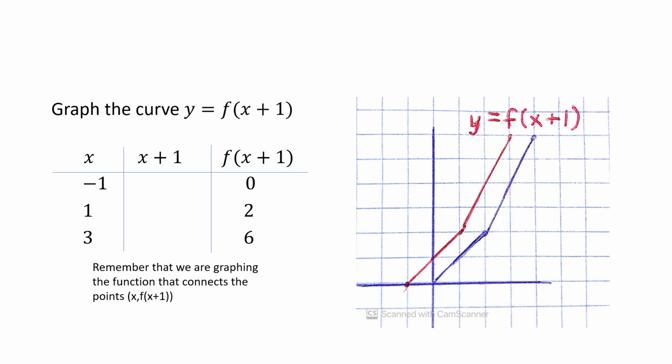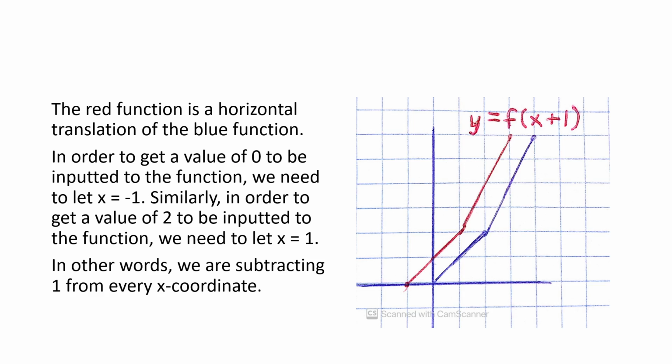Well, that red curve is just like the blue curve, only it's been translated 1 unit to the left. So the red function's a horizontal translation of the blue function. In order to get a value of 0 to be inputted to the function, we need to let x equal negative 1. Similarly, in order to get a value of 2 to be inputted to the function, we need to let x equal 1.